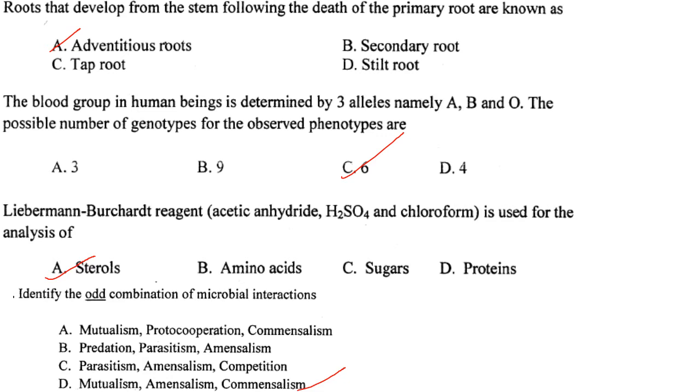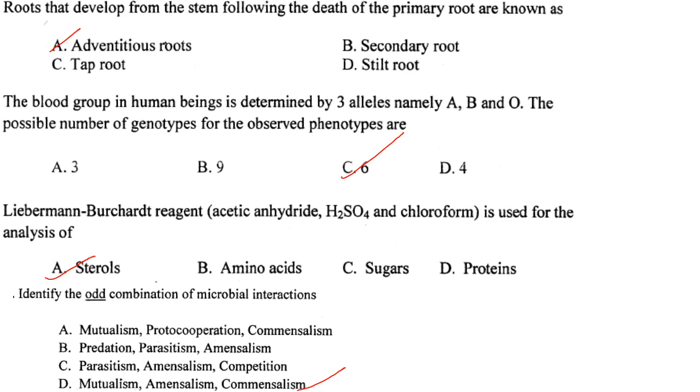Now comes predation, parasitism, amensalism. All the three are negative interaction. So they all belong to the same group. Then option C is parasitism, amensalism and competition. They are also negative type of interaction. So that is also coming under one group.